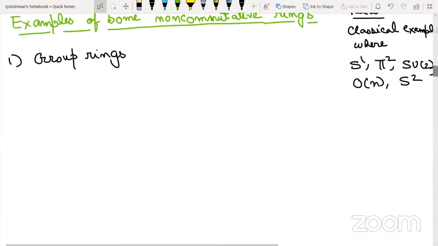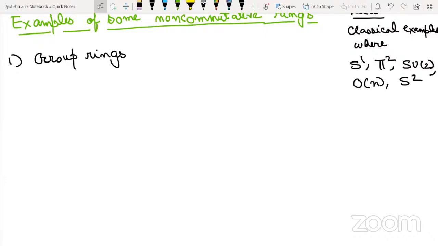So we have seen what we mean by spaces, or relevant spaces, in our context. So let's get some examples of rings, which will be of some interest to us.